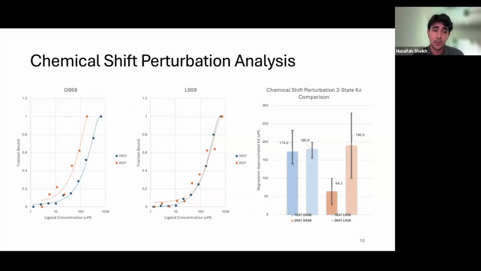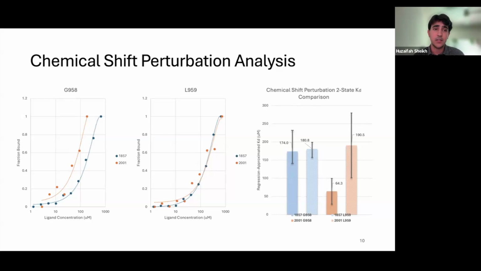So this is where we came across that brick wall, where we were hypothesizing that one was better than the other, but we're not finding that here. We have our KD values approximately similar, around 174 and 180, and then 190, and an overlap in terms of standard error. And L959, G958, visually you can confirm that they're fairly similar, and these are our residues that we expected to move the most or change the most.